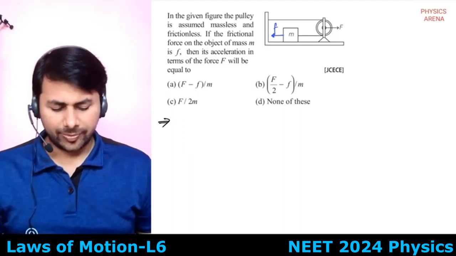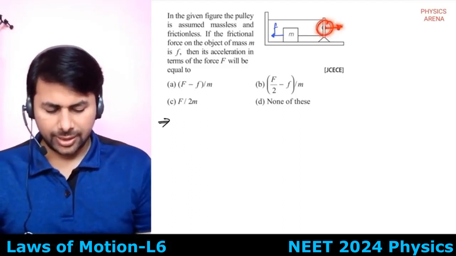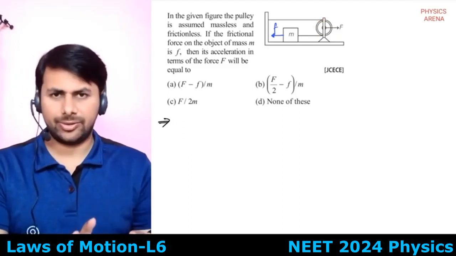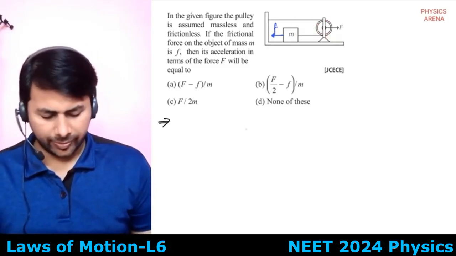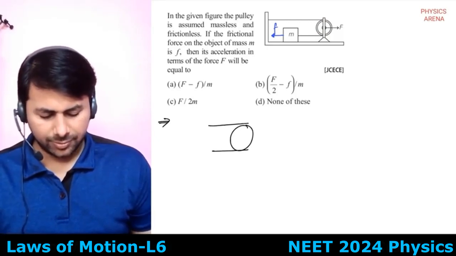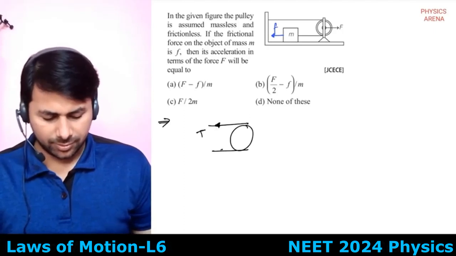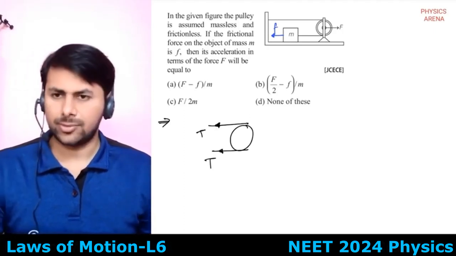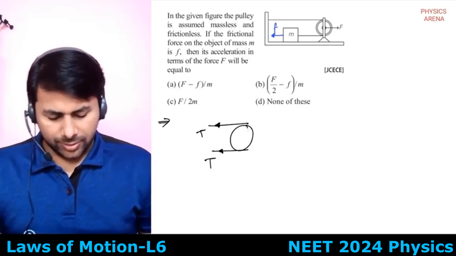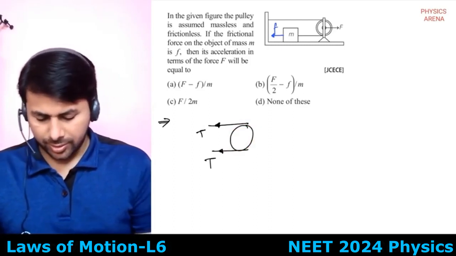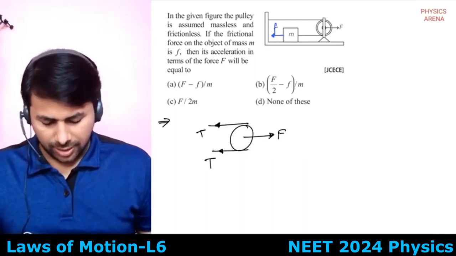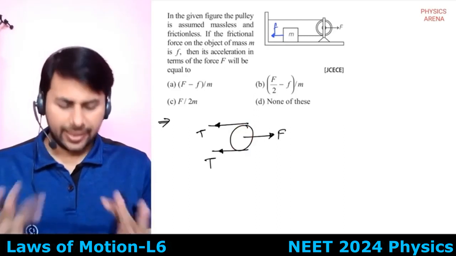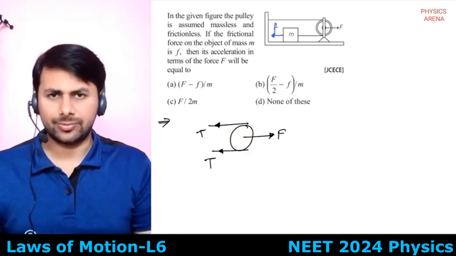This is simple. See, you have a pulley and you are pulling it with force F. Okay, there are two strings connected to the pulley. There will be some tension. Now the force acting on this pulley is F, and what the pulley will do is just transfer this force.